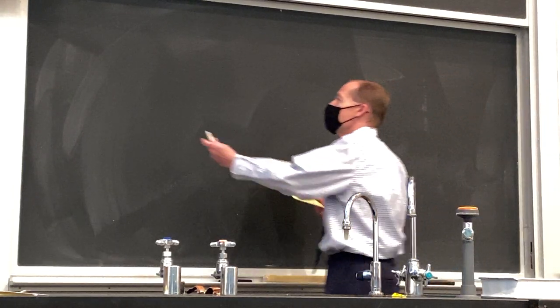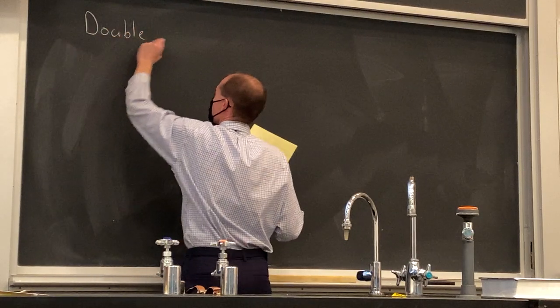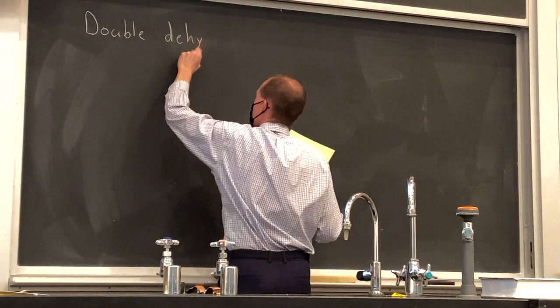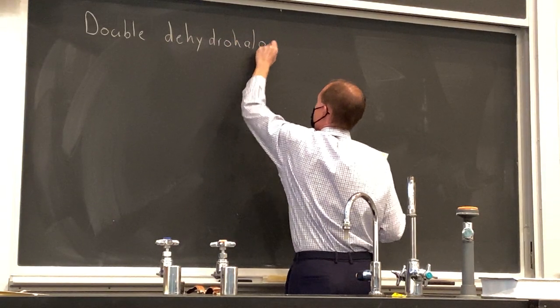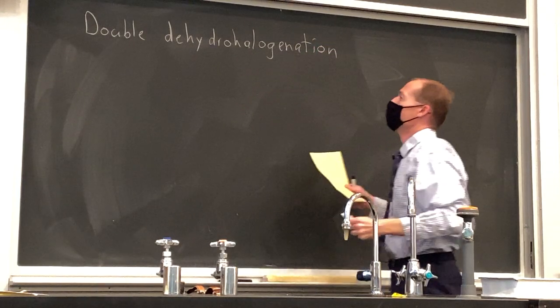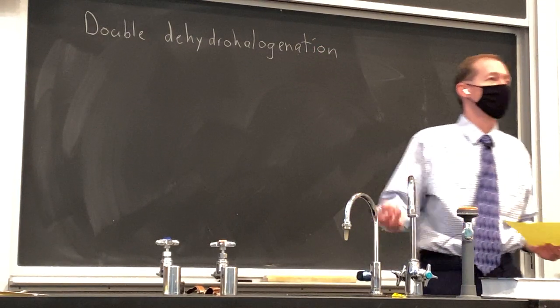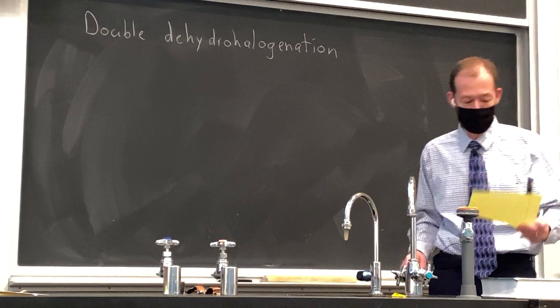We have to perform 2 eliminations. So we call these reactions double dehydrohalogenations.